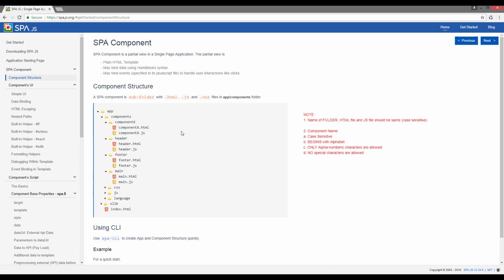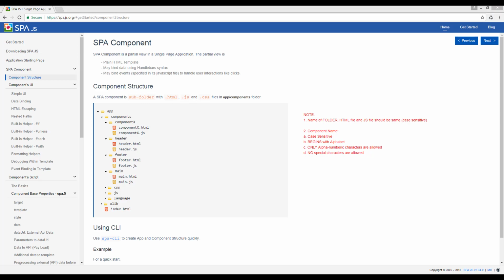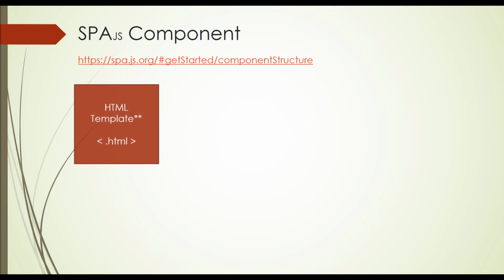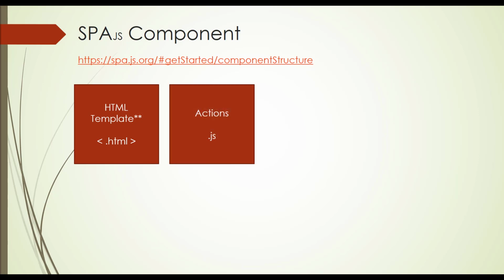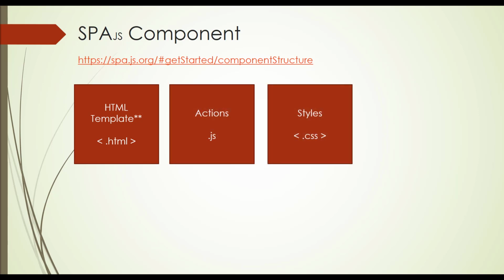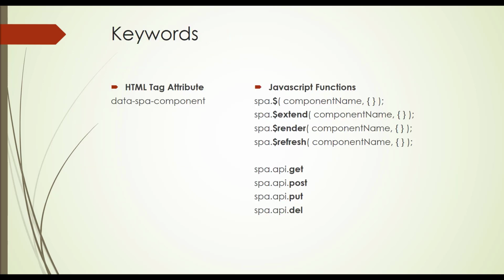So that's about the SPA.js component. So it requires HTML, it requires JS, and contains optionally CSS, and we will get the data from the API.